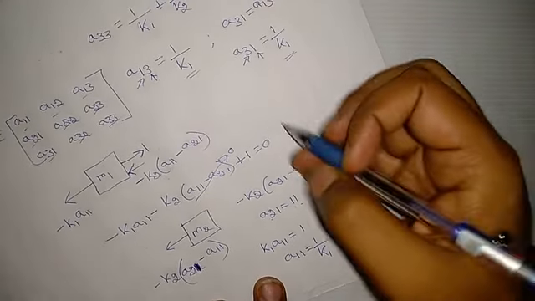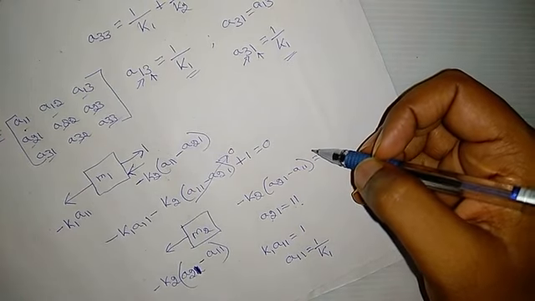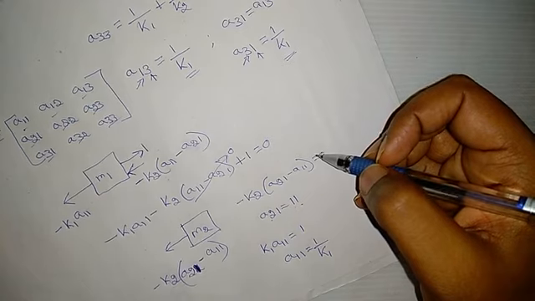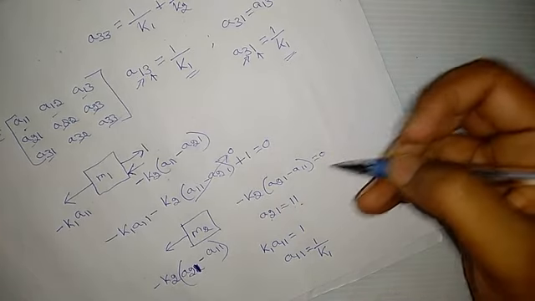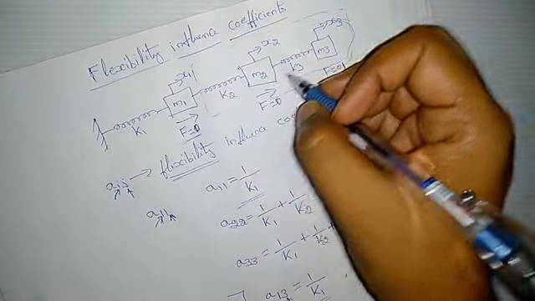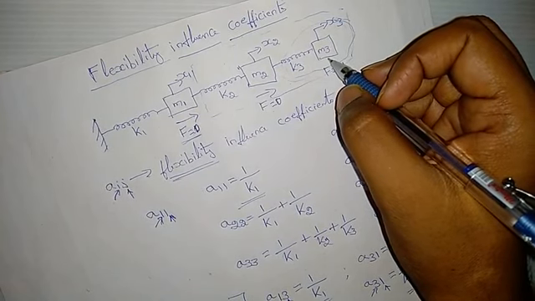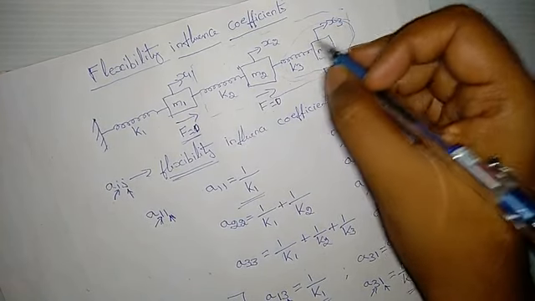Similarly, we can derive the other terms. Try this out: apply a unit load at mass 2 and see what you get, and apply a unit force at mass 3 and see what you get.